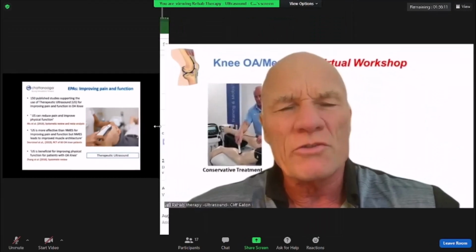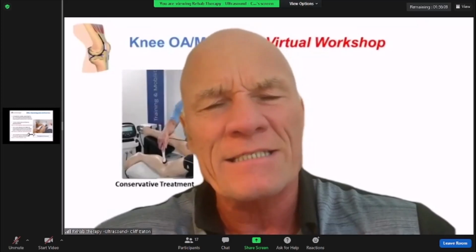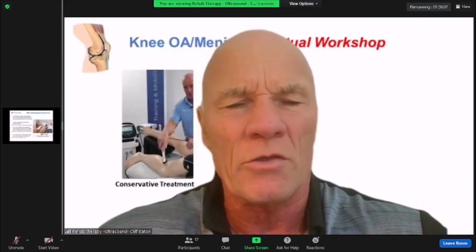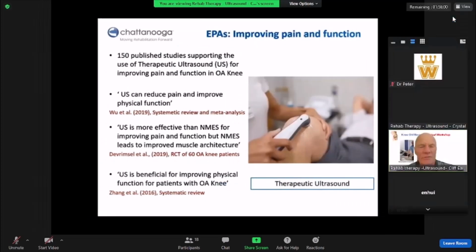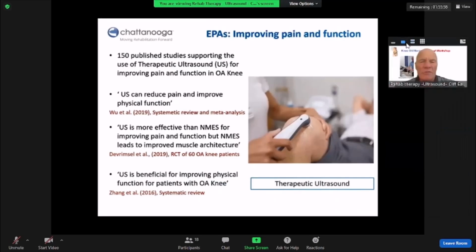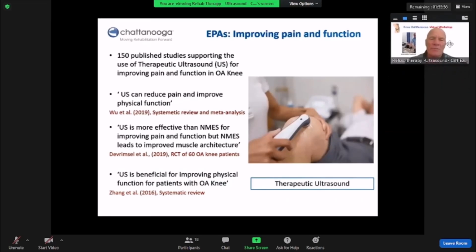Now, ultrasound can reduce pain and improve physical function, according to Wu et al. 2019, a fantastic systematic review and meta-analysis of the literature. And I'll come back to this study and give you a bit more detail.